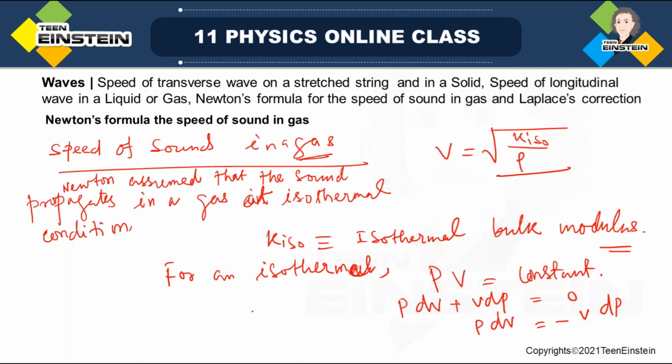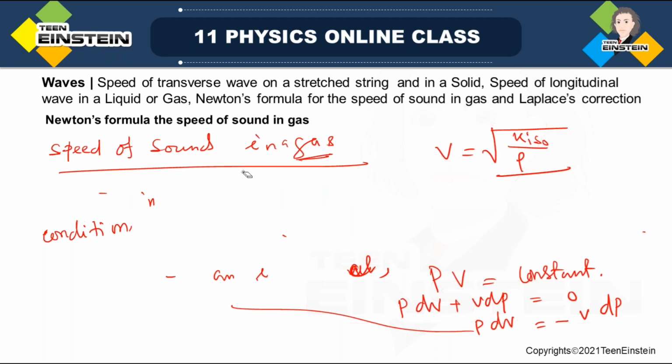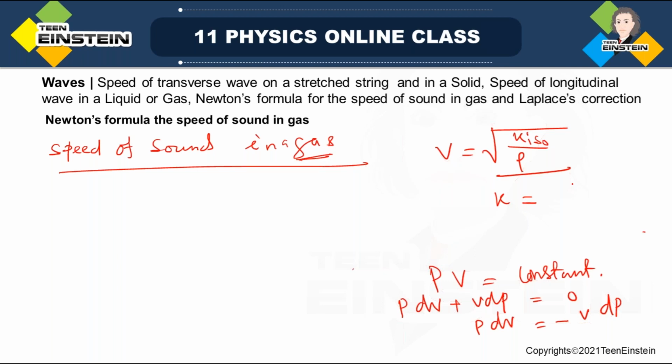So bulk modulus means minus dP by dV by V. This is what we have to find for the isothermal change.